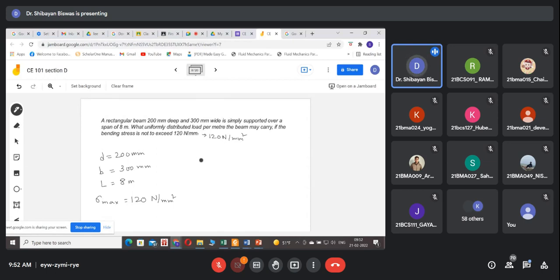So what are the things we need to calculate? Z. How much will it be? 3 into 10 to the power 6. B into D square by 6.